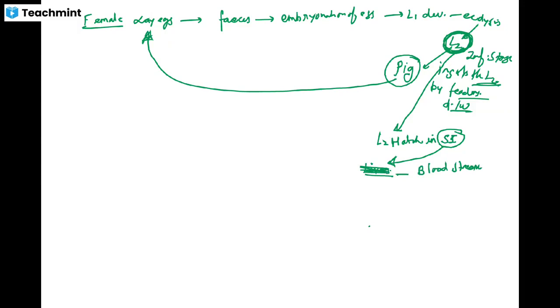Sorry, it will reach the heart and lung through blood stream, and also reaches the liver. Then what happens? Sometimes this also reaches the spleen and kidney.